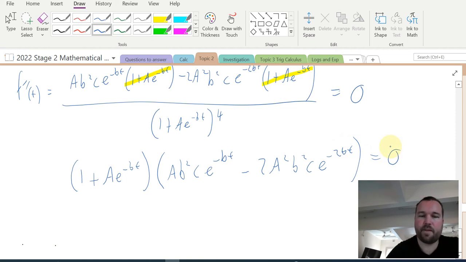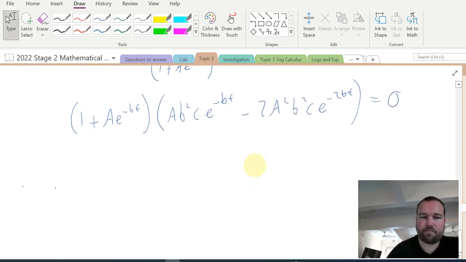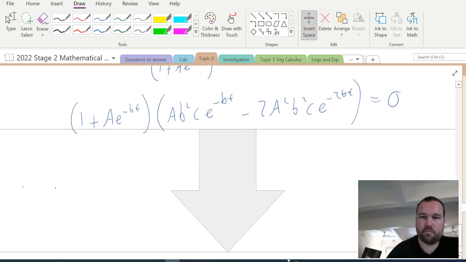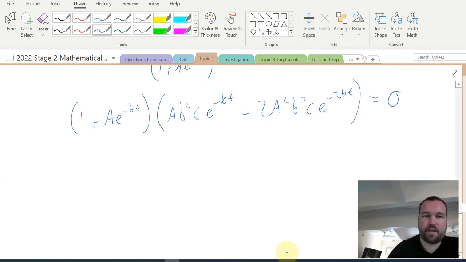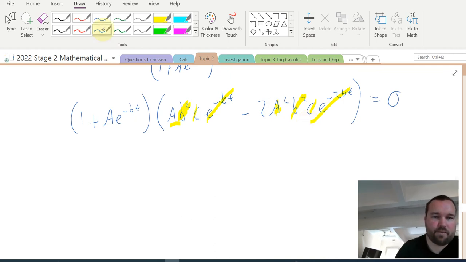All right. So that's common factor out. Let's take another chunk of factors out. We can take an a, we can take both b's, we can take the c, we can take the e to the minus bt out. I'm going to move them right out the front.